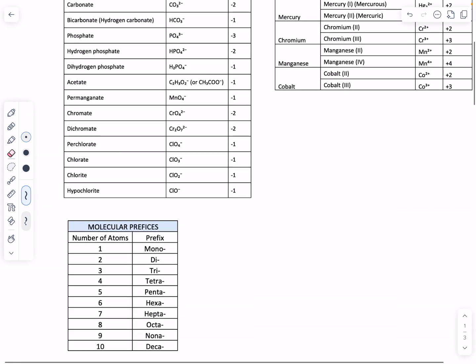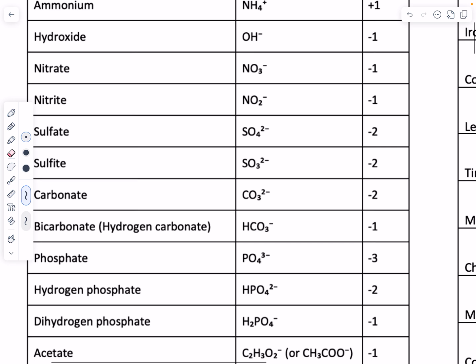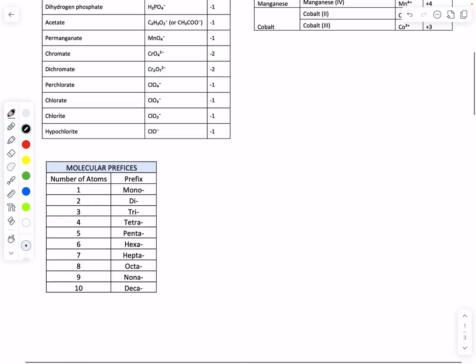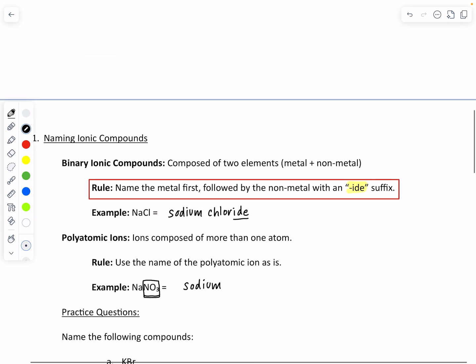Looking at our reference table, we have NO3, which is nitrate. So the name of this is the name of the first metal plus the name of the polyatomic ion as it is. So it's sodium nitrate.